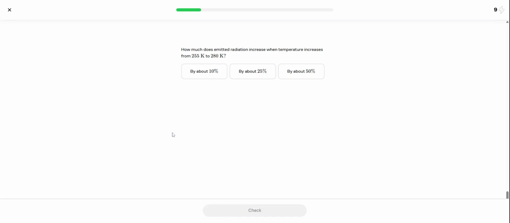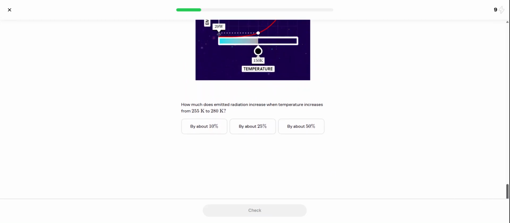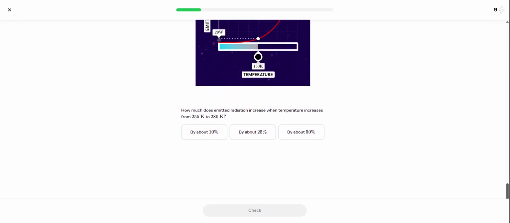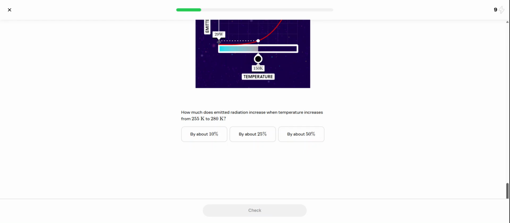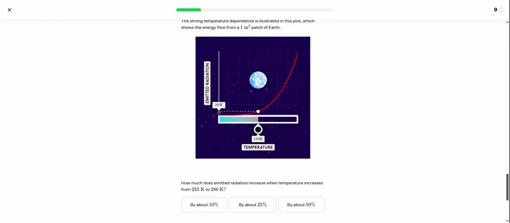How much does emitted radiation increase when temperature increases from 255 to 280 Kelvin? Let's assume it.